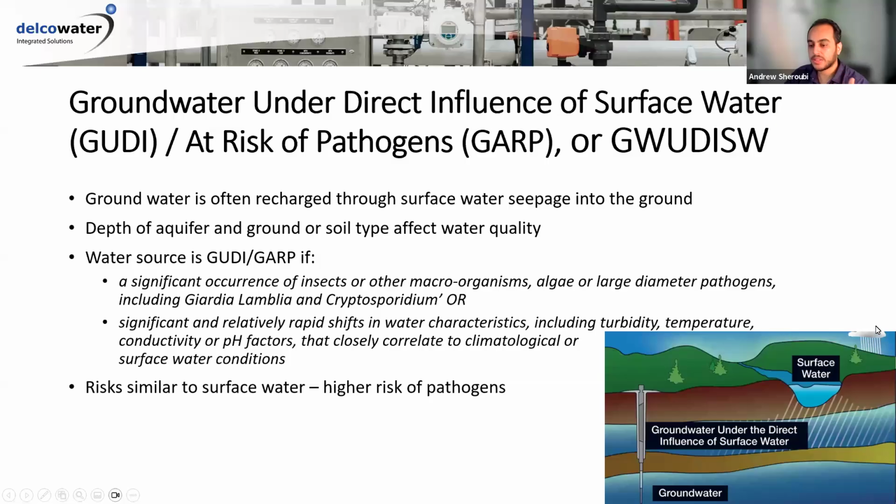Usually what happens is pretty cool. Groundwater gets recharged from surface water, but as it goes through the soil, it gets naturally filtered. One of the technologies that I'm sure many of you are familiar with is sand or media filtration, which removes turbidity and other suspended particles in water, and that happens naturally through the groundwater recharge cycle.